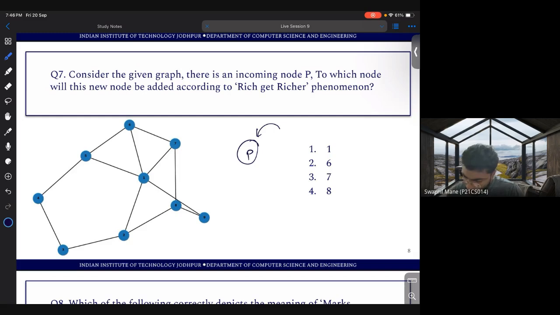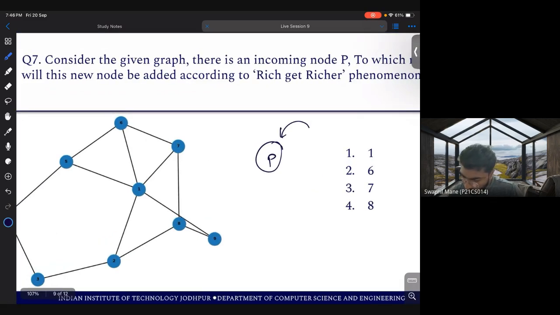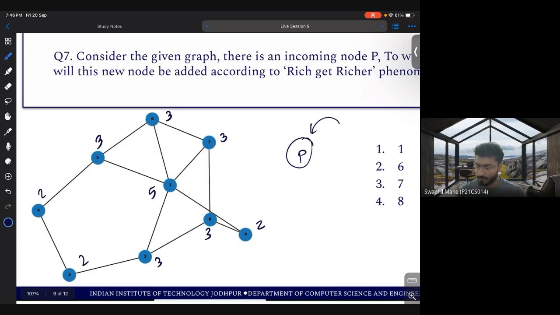Let's start from the 1, 2, 3, 4, 5. Node one has a degree of 5, the others have 3, 3, 3, 2, 3, 3, 2, 2.